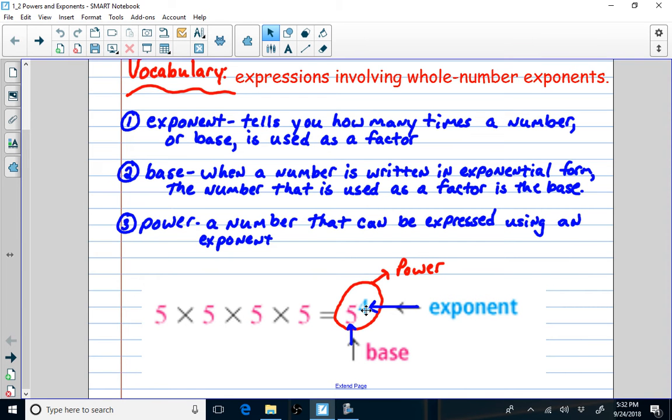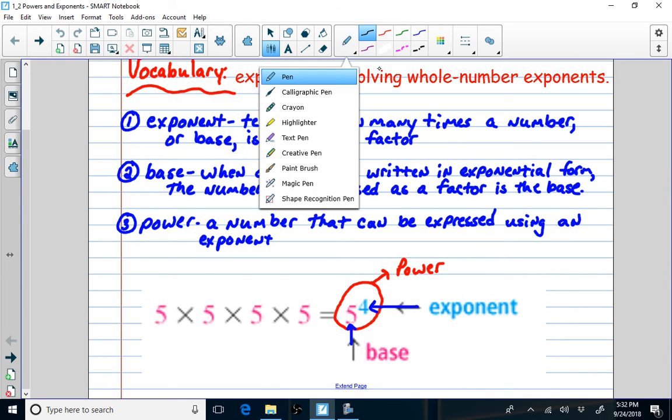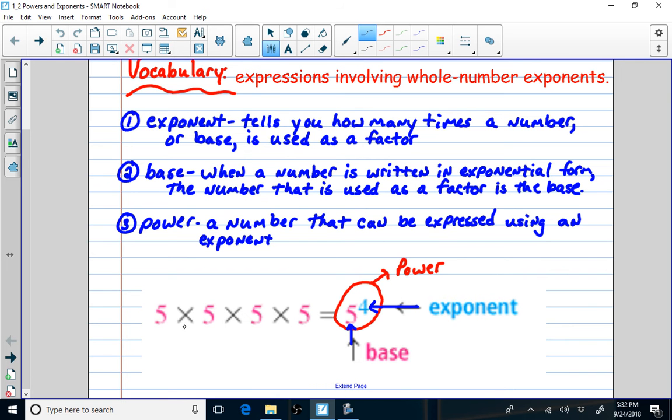The exponent, 4, tells you how many times that base number is used as a factor. You can see that 5 is used as a factor 4 times, so your exponent here is going to be 4. If we evaluate that power, 5 times 5 is 25, times 5 is 125, times 5 would be 625, the value of 5 to the power of 4.